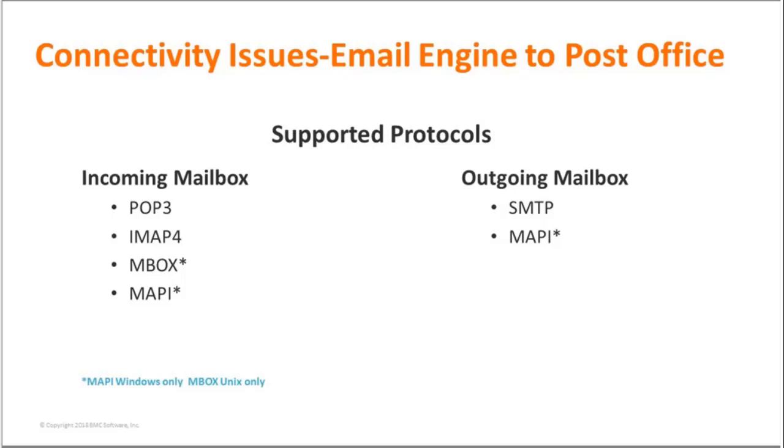If you didn't, then the installer would have laid down the 64-bit email engine binaries, which means you'll have to obtain the 32-bit binaries from the installer, swap them out, and then modify your email engine registry key to point to the 32-bit Java, all in order to use the MAPI protocol. It's a little bit of extra work, but it can be done. Also noted here, MBOX is a Unix-only protocol.